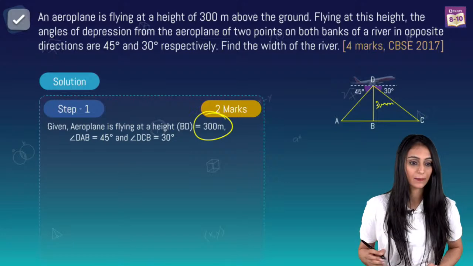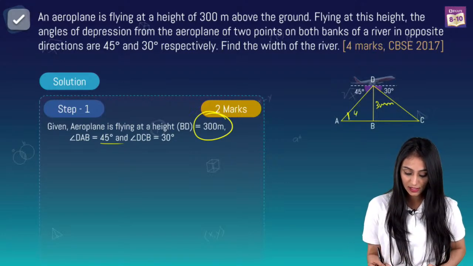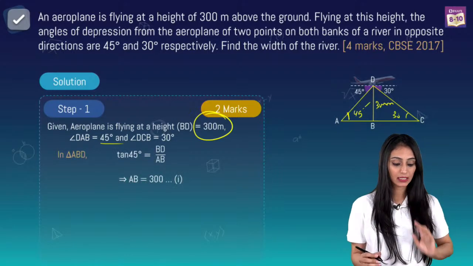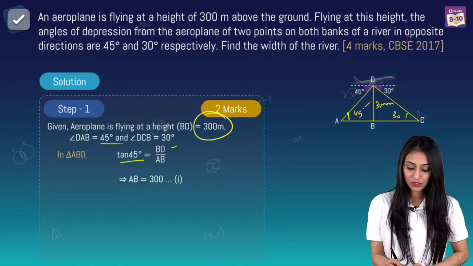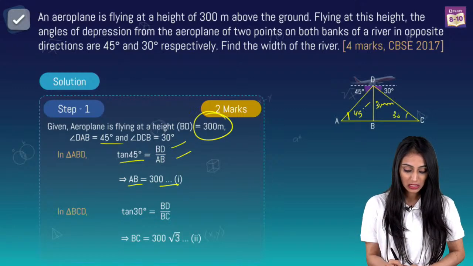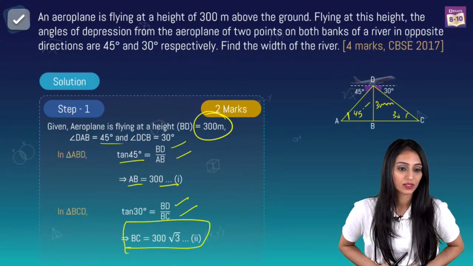Angles DAB and so on are alternate angles, so this will be 45 degree and this would be 30 degree. Now in triangle ABD, tan 45 equals BD upon AB, so AB would be equal to 300. That's equation number 1. In triangle BCD, tan 30 equals BD by BC, so BC is going to be 300 root 3. That's equation number 2.